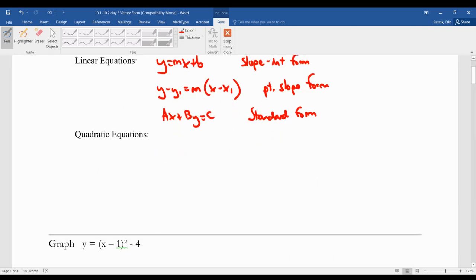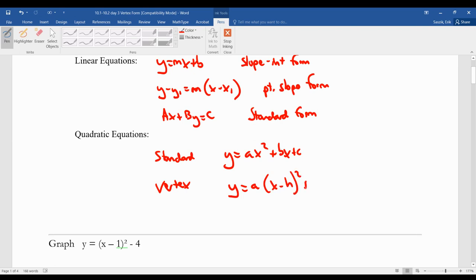So like quadratic equations, what we've been working with recently is standard form, which looks like this: y equals ax squared plus bx plus c. But remember, back when we were doing completing the square, there's also vertex form, which looks like this: y equals, so there's different forms of these equations. And they both have their pros and cons.